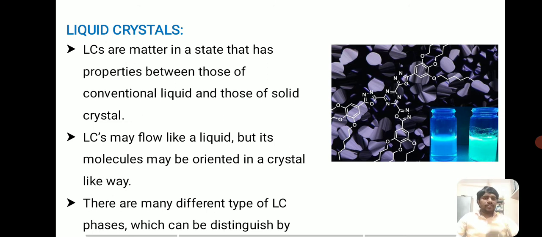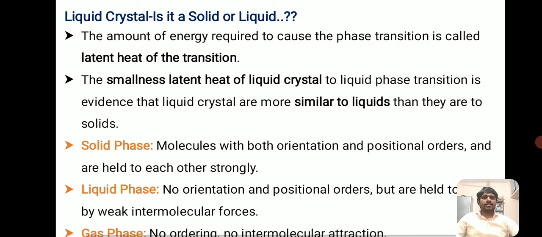There are many different types of liquid crystal phases which can be distinguished by their different optical properties. Liquid crystal, is it a solid or liquid? The question arises. We know the latent heat of transition. What is this latent heat of transition?